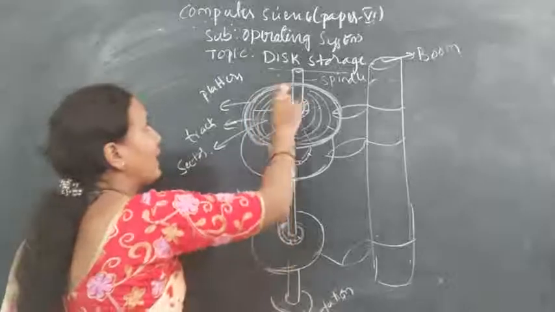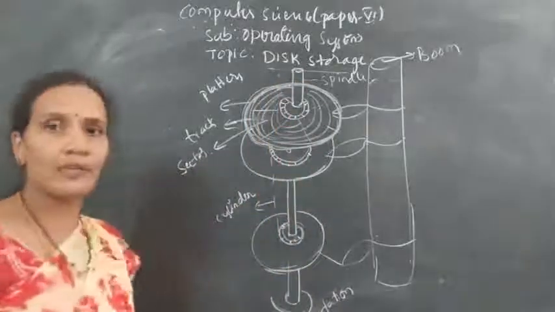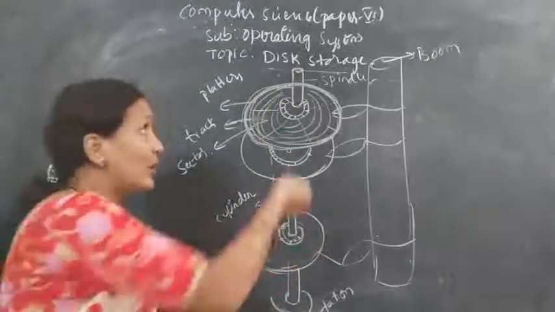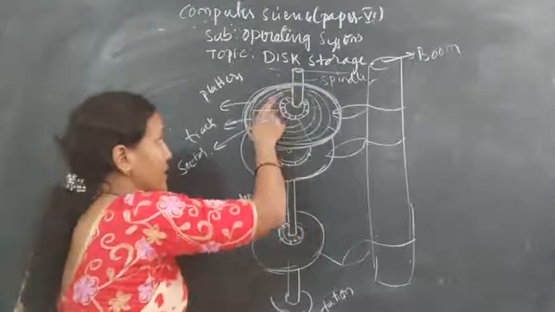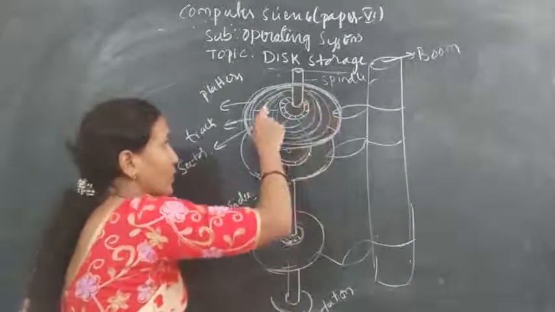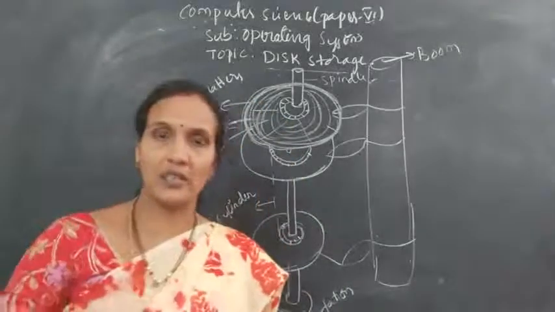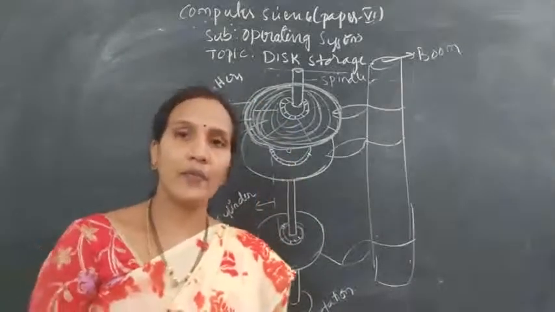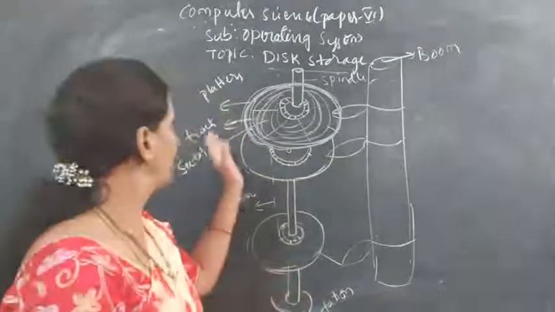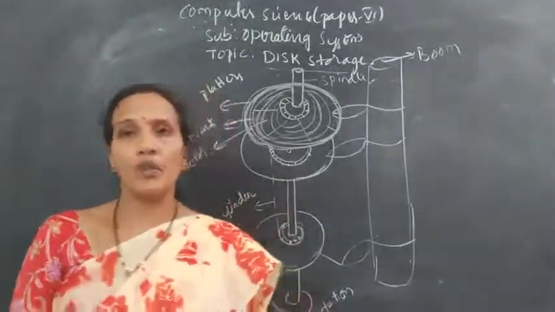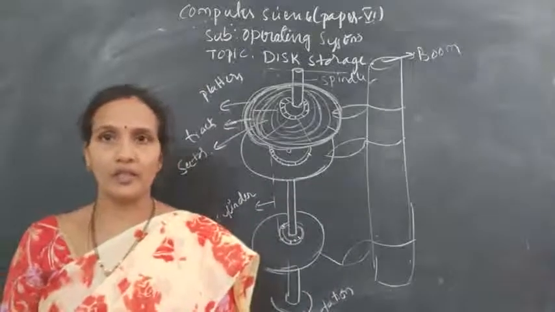Every platter consists of thousands of rings like this, circles. These circles are called tracks, which are used to store the content.